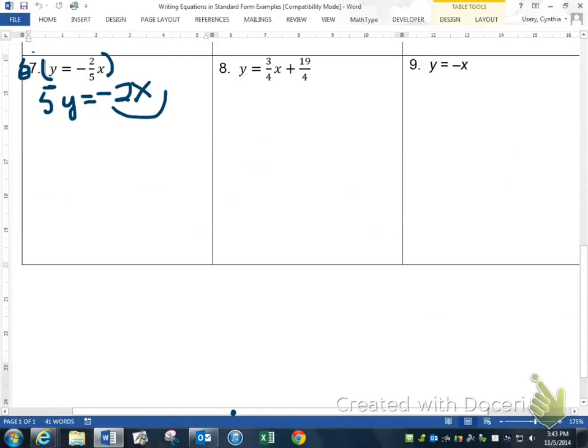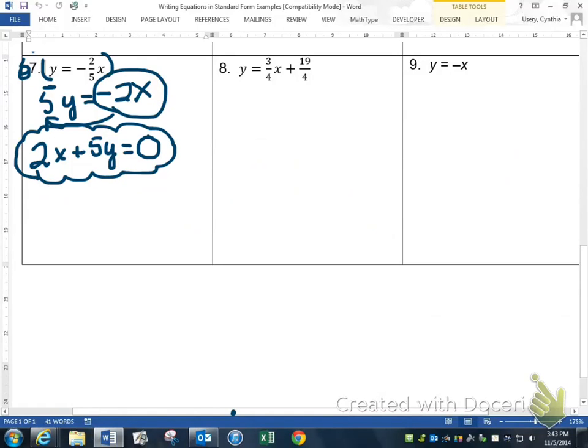And then I need to move that negative 2x to the other side. It's going to become positive 2x over there. And when I moved it, I didn't have anything left, and so what I had left was 0. And that is now standard form.